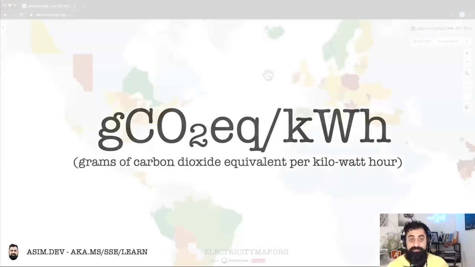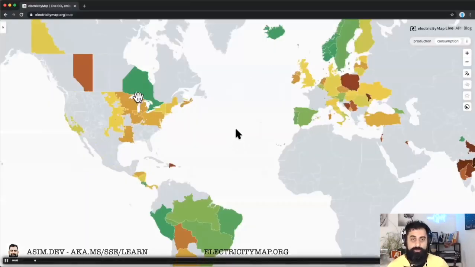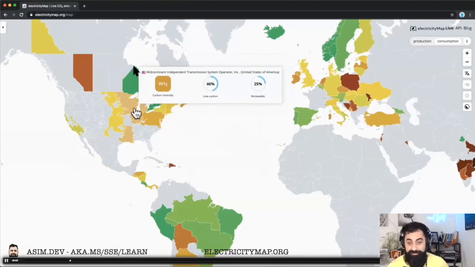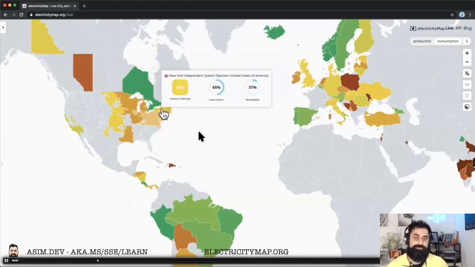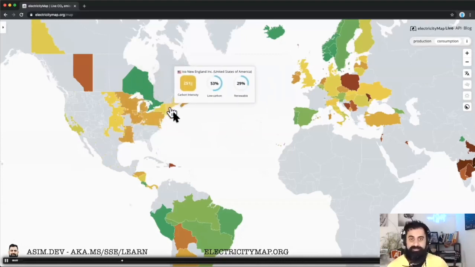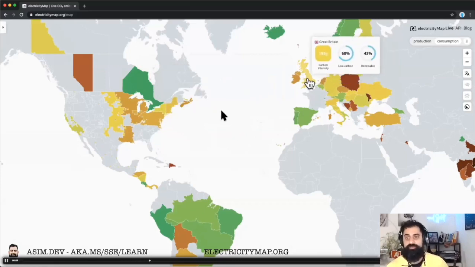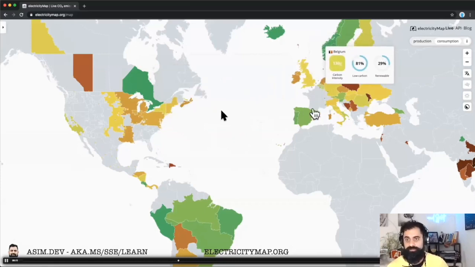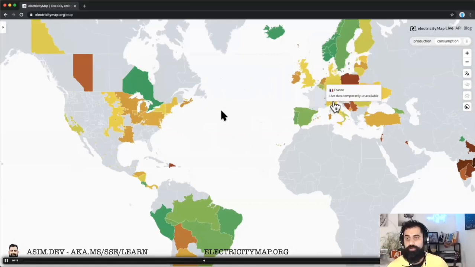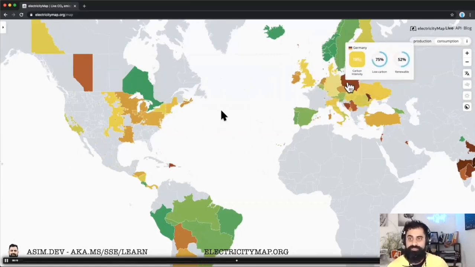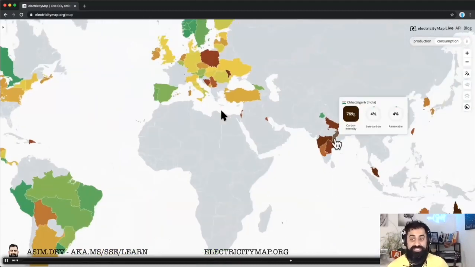It really depends, because as I said before, it depends on where you are in the world. So we've got Electricity Maps here. It's a great service. They have a literal map, which is very useful to visualize a lot of this, where you can hover over different countries and grids and regions. It tells you what the electricity is right now, and how clean or dirty it is.